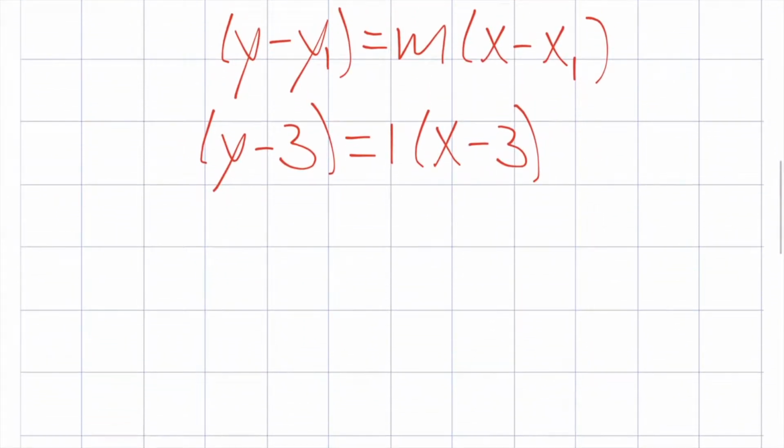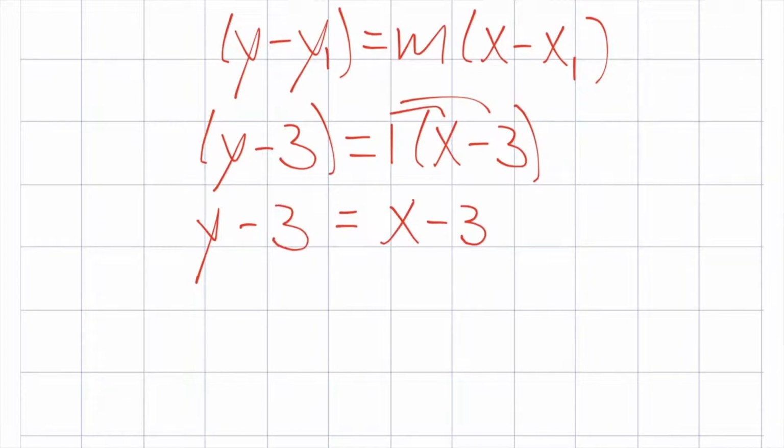Now let's go ahead and distribute. 1 times x is x. 1 times negative 3. Actually, just 1 times 3 is 3. y minus 3. And now we're going to add 3 to both sides to isolate the y.